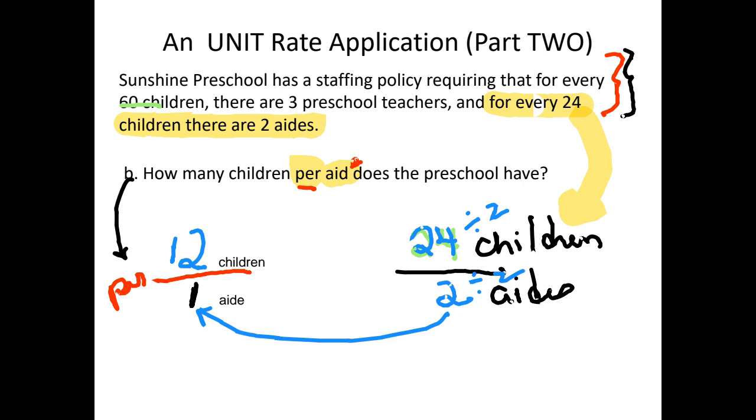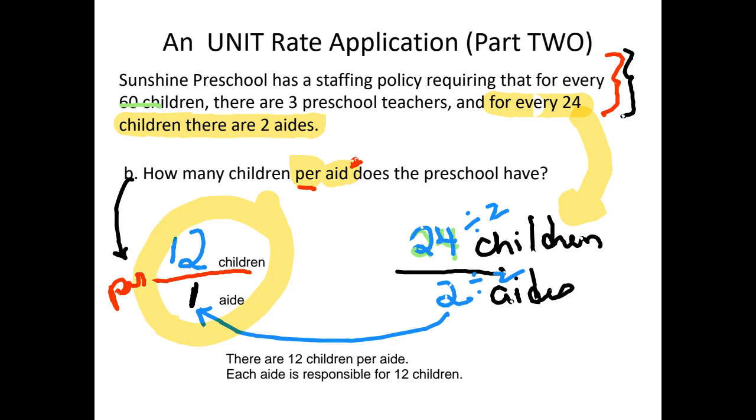See how I'm interpreting what this answer means? So when you read the questions, read the choices very carefully, because they're going to tell you in words what the interpretation is.